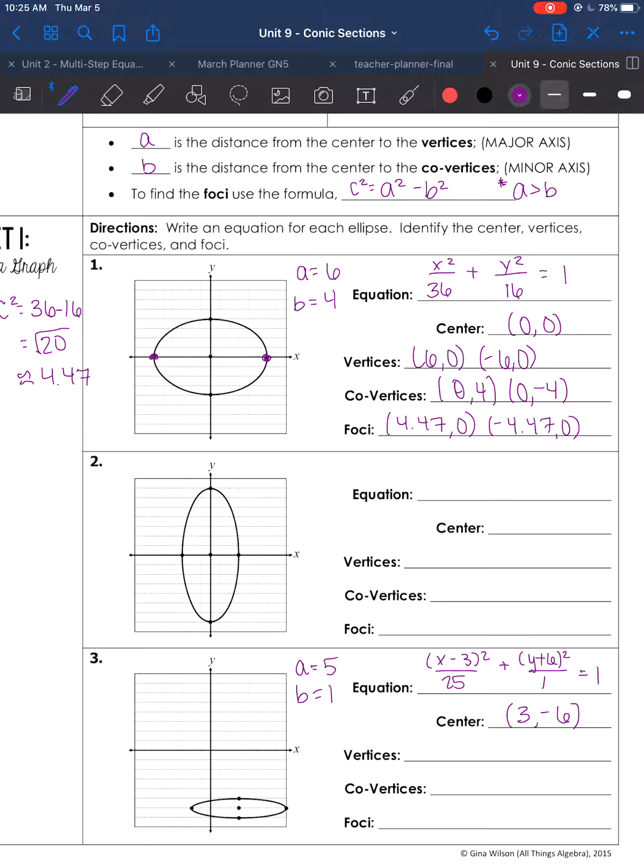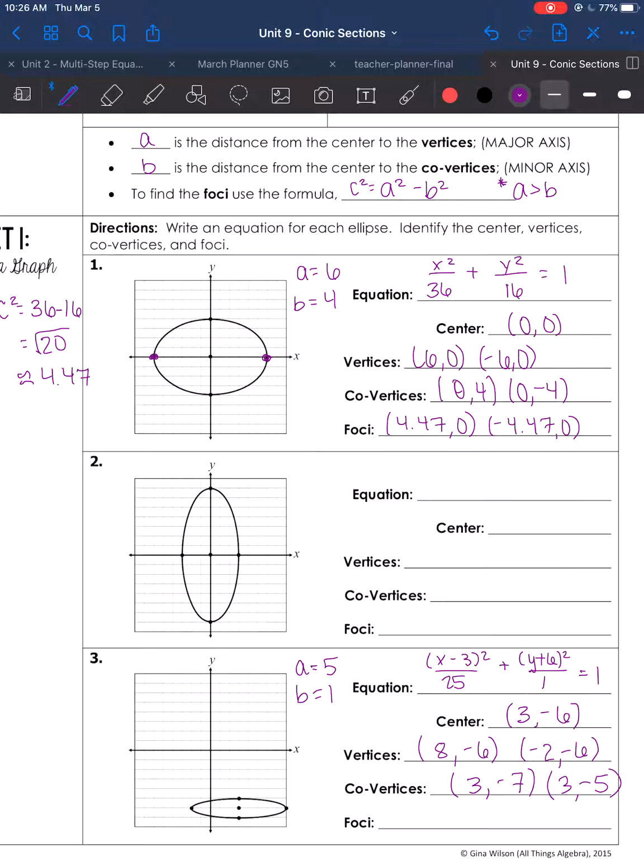But I need to find my vertices. You can find them on the graph, or you could just do (8, negative 6) and (negative 2, negative 6), because you add 5 and subtract 5 from your x coordinate. And then to find your co-vertices, you can either find them on the graph, or just notice that b is 1, so you add 1 and subtract 1 to the y coordinate.